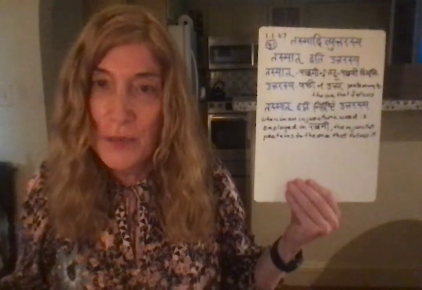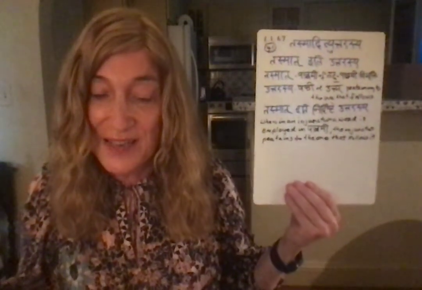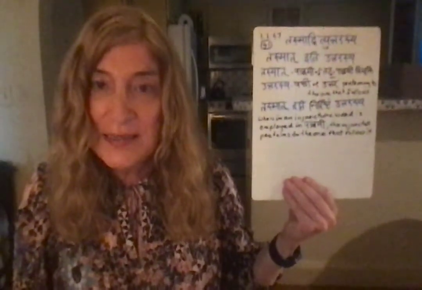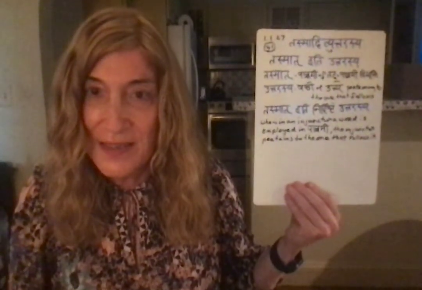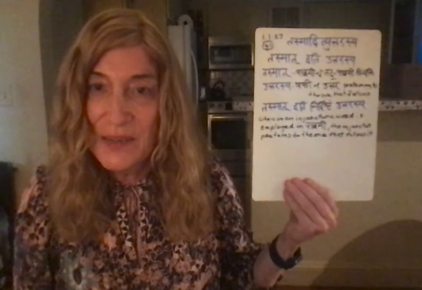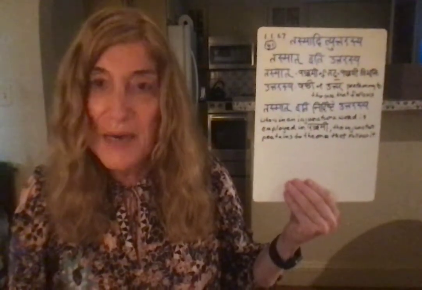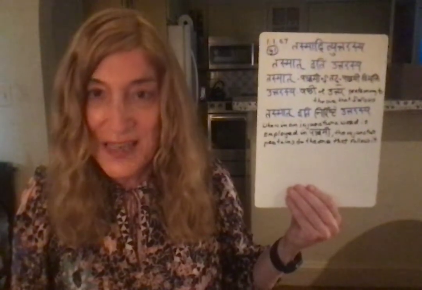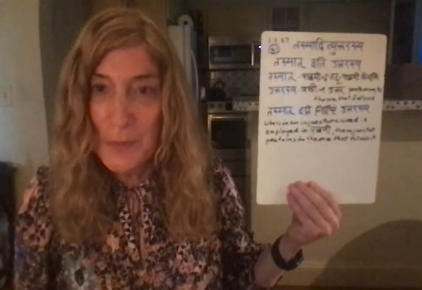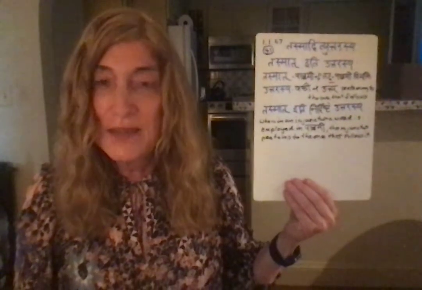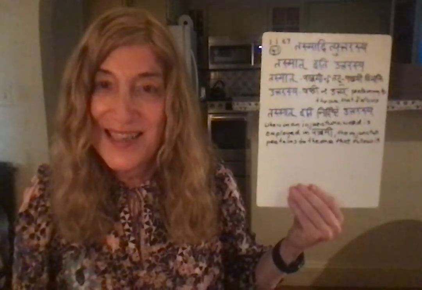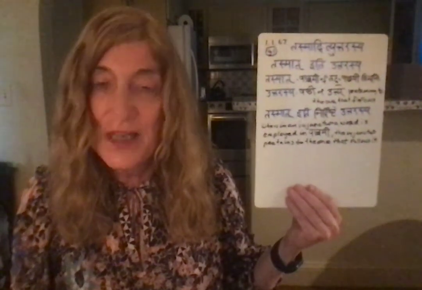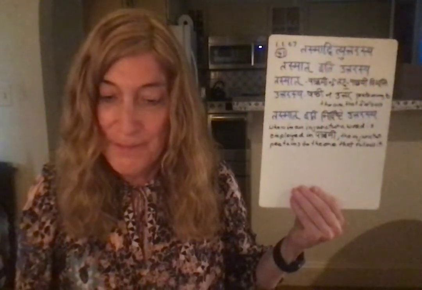1167, 41 in Siddhanta Kaumudi. Tasmat iti uttarasya. Tasmat, just as tasmin was saptami of tad, meaning the saptami vibhakti, tasmat is panchami of tad, and it gives the sense of the panchami vibhakti.